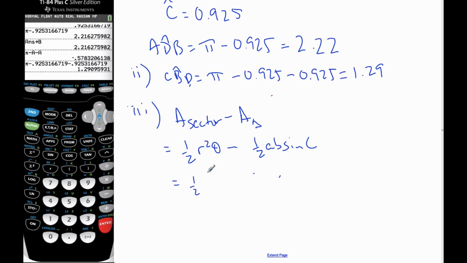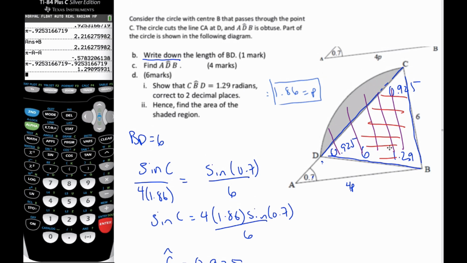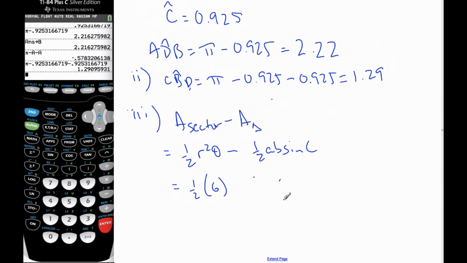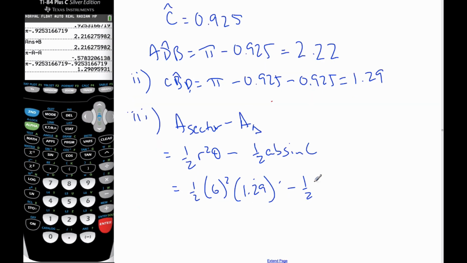I know my r is 6, and my angle theta is 1.29, minus half, well, the included angle is 1.29, so 6 times 6 times sine of 1.29.